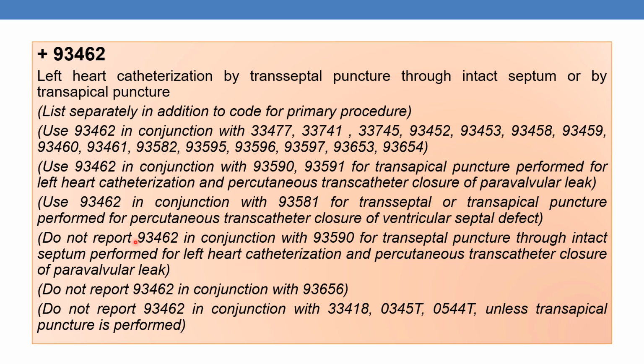You should not use 93462 in conjunction with 93590 for this particular procedure. And do not report 93462 in conjunction with 33418 and also 0345T, 0544T unless transapical puncture is performed.